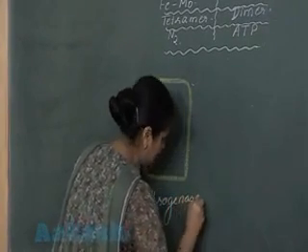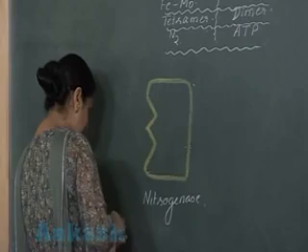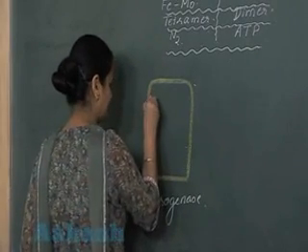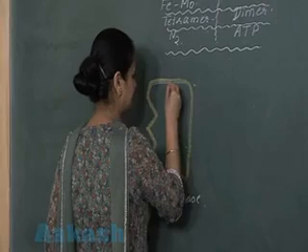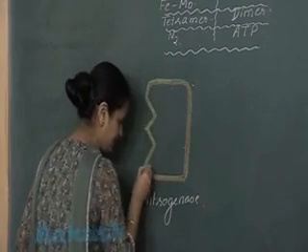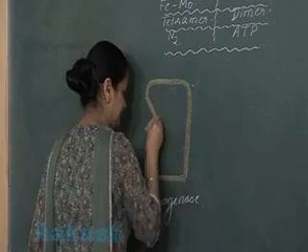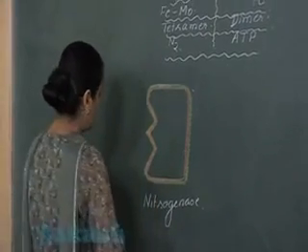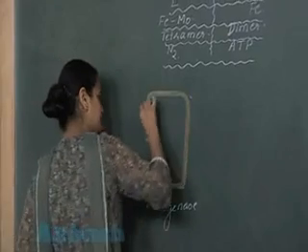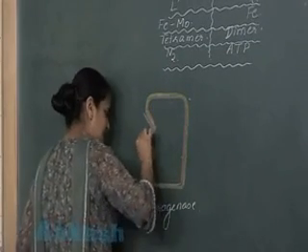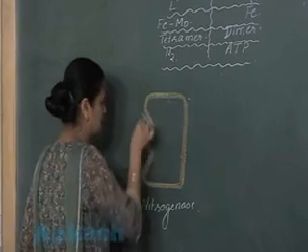In the nitrogenase enzyme, this is binding site. Yes, this is binding site for the nitrogen. Now, under the anaerobic condition, this binding site, it is acquired by the nitrogen.